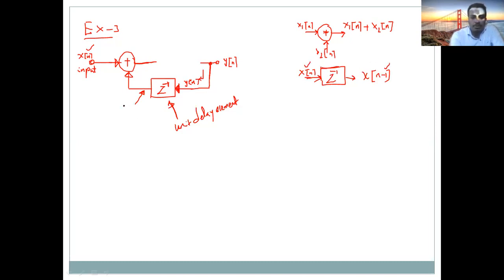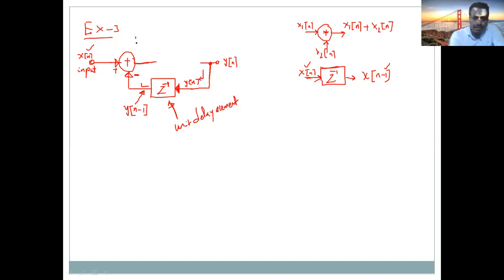So the output here is y of n delayed by 1, which is the past value of the output, now connected to the adder. But we use negative feedback. There are two types of feedback. If this is positive, it will be positive feedback. But now we are using negative feedback, so this will be minus here.